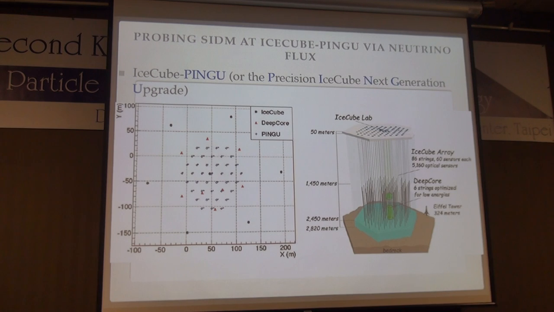That's the point. So now I go to how to connect to PINGU. The PINGU name is the Precision IceCube Next Generation Upgrade. And this is IceCube. The size is about one cubic kilometer. This is the largest neutrino telescope so far.